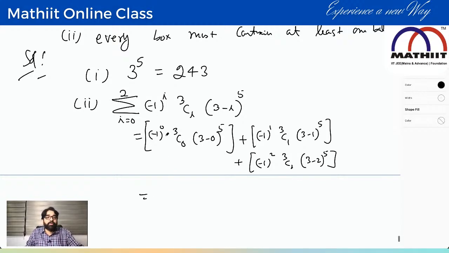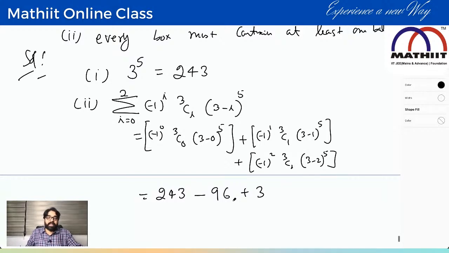Now calculate the value. The first term: 1, 3C0 is 1, 3 power 5 is 243. Then minus, because of minus 1 power 1: 3C1 is 3, 2 power 5 is 32, 32 into 3 is 96. Plus, this is 1, 3C2 is 3, and this is 1, so plus 3.